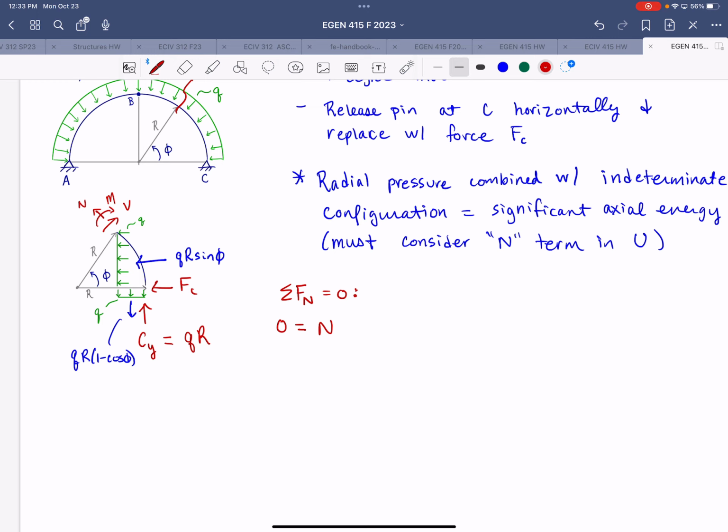So we have N plus FC sine phi, and then we have the vertical reaction, CY, which is QR, but we want the normal component of that vertical reaction. So that is going to be QR times cosine of phi.